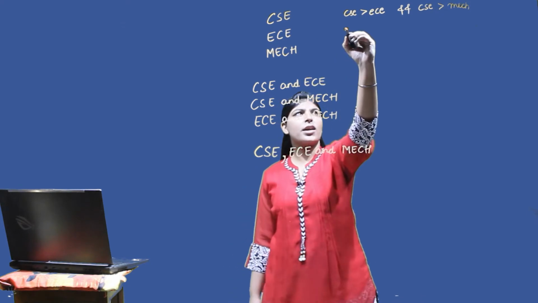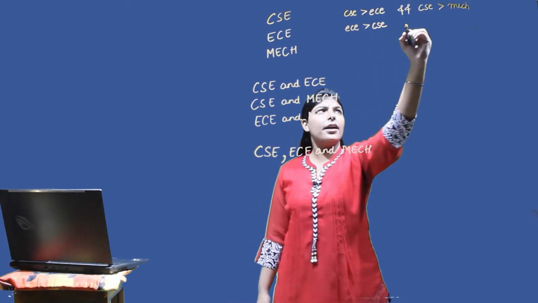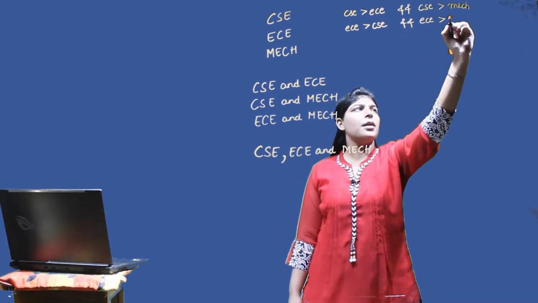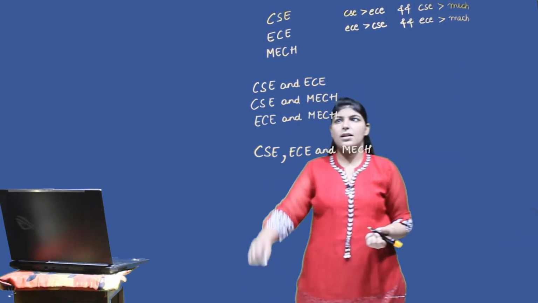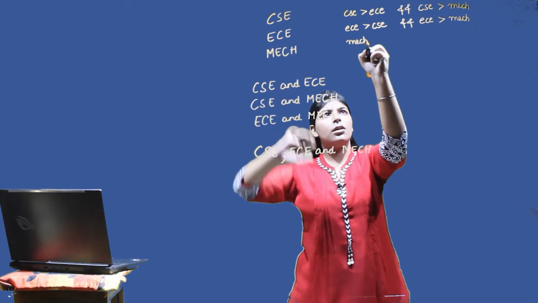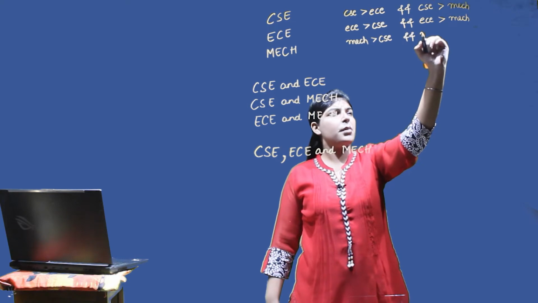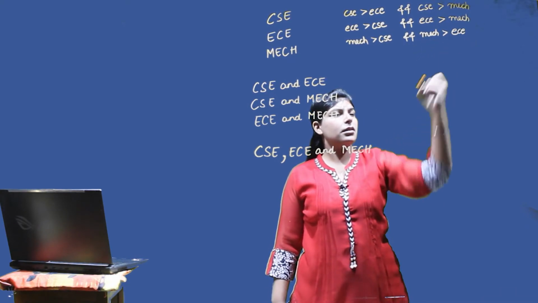Similarly for EC, we can check if EC placements are more than CSC and EC placements are more than Mechanical, then EC has the highest number of placements. Similarly in Mechanical case, we can check Mechanical more than CSC and Mechanical more than EC.